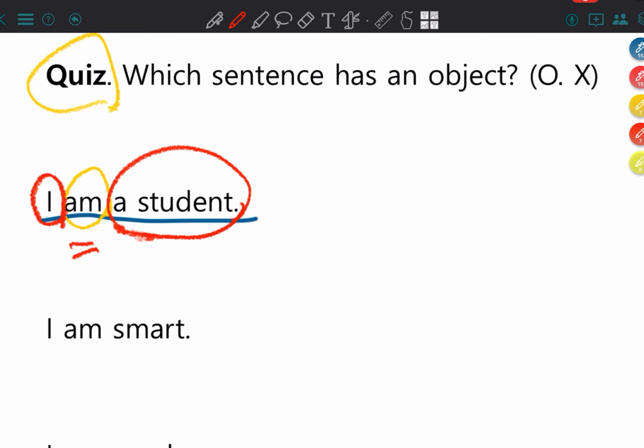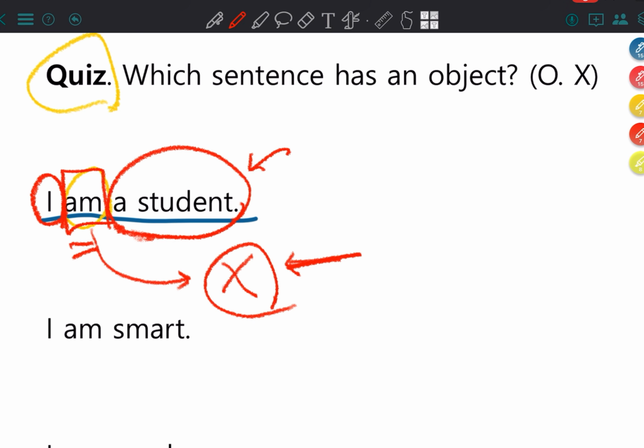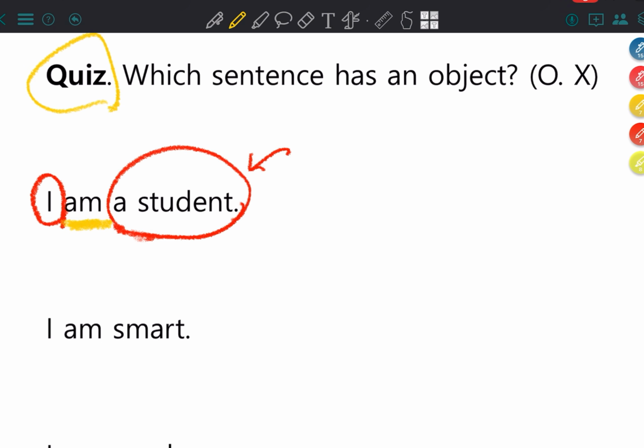And there is no action that affects the noun student. So this is not a verb that requires an object, a target on which the verb or action is done to, because this verb is simply used to state that subject equals noun. So this sentence does not have an object, so automatically object particle isn't needed here.